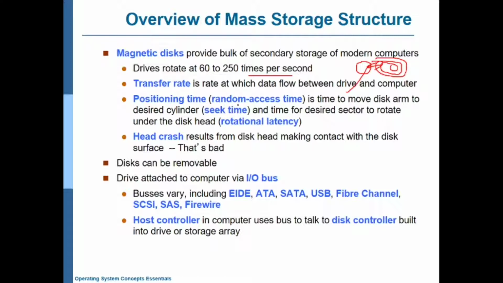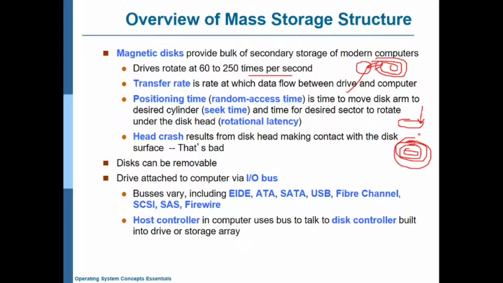Positioning time, also called random access time, is the time to move the disk arm to the desired cylinder, which is the seek time, plus the time for the desired sector to rotate under the disk head, which is the rotational latency. In the disk there is an arm, and the disk has a number of sectors and platters.